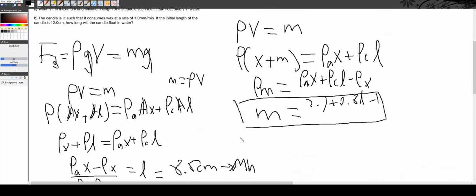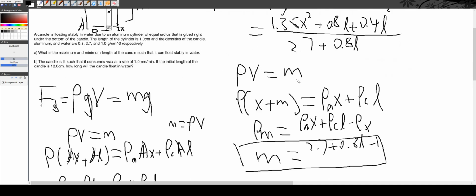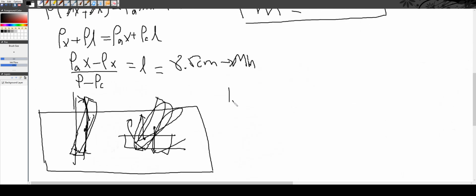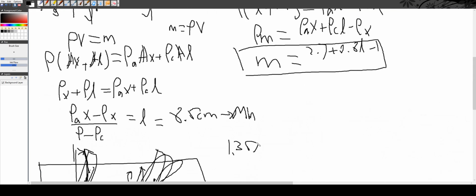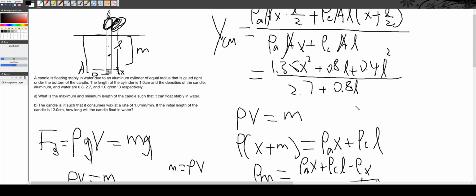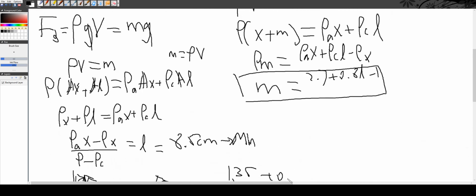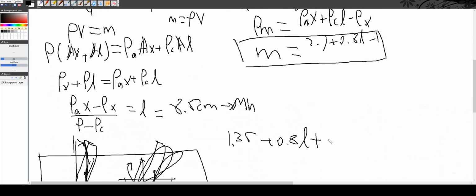So you want to set, no, not quite. You want to set the total length to be m plus x, right? So you want to set m plus x divided by 2, the center where it acts, equal to this thing. So have this formula, 1.35 times x squared, and x squared is 1, so just cancel that. It's 1.35 plus 0.8 L plus 0.4 L squared, right? Yeah, 0.4 L squared.